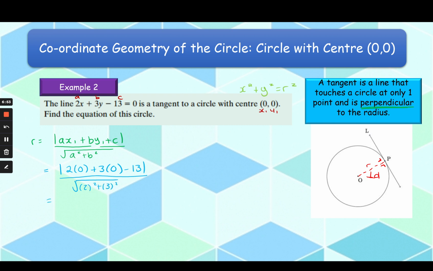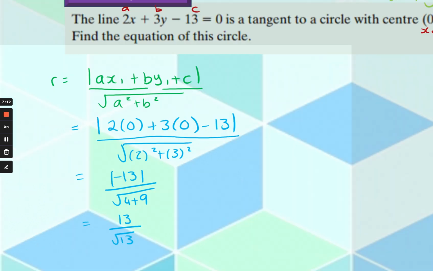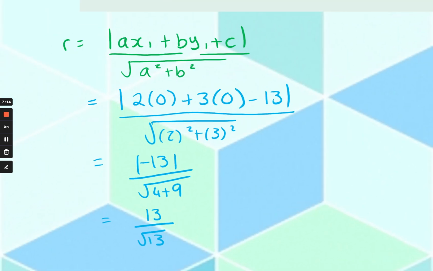Which means on top I'm left with the modulus of minus 13, which we know is going to turn into a plus, over the square root of 4 plus 9, which means I get 13 over the square root of 13, which, guys, if you put into your calculator, just gives me the square root of 13.